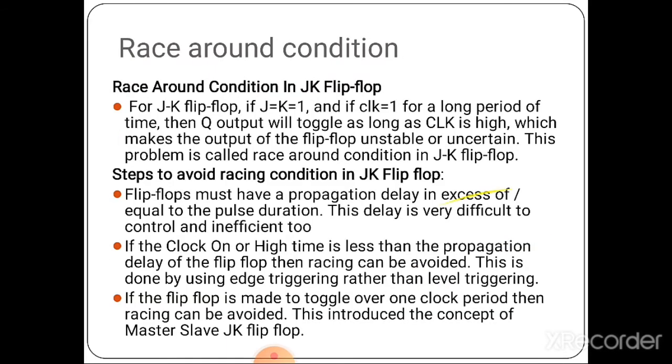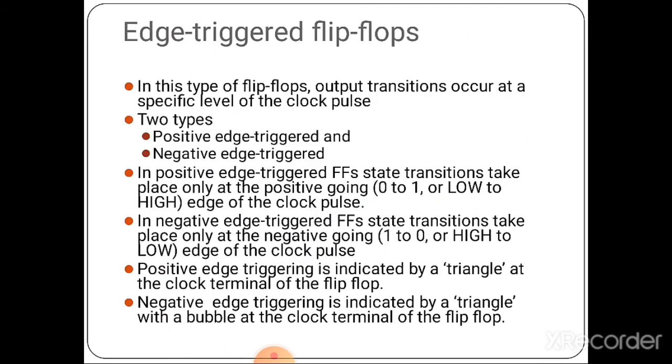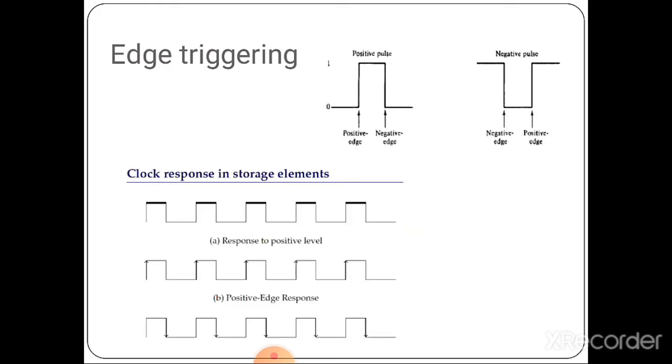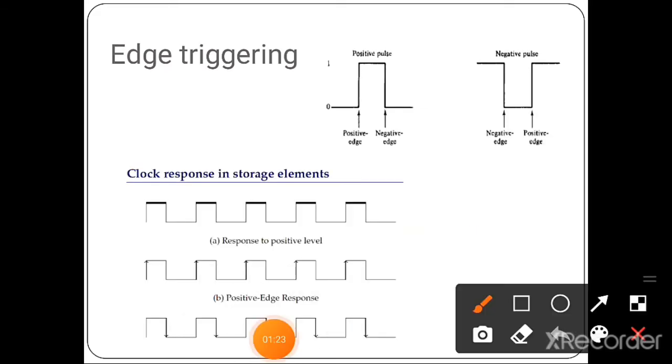For example, this is a pulse. It starts from 0 and moves to 1, stays at 1, and after a short time it goes from 1 to 0. This is a pulse.